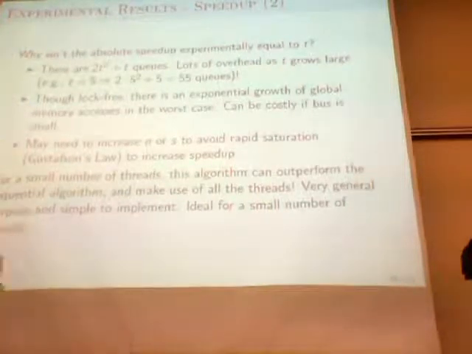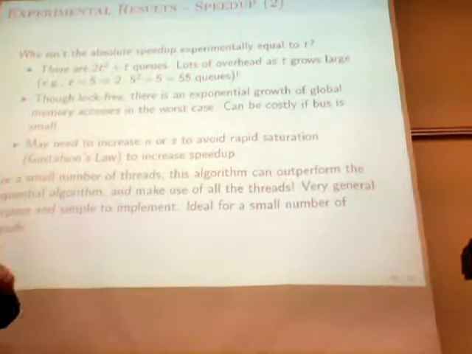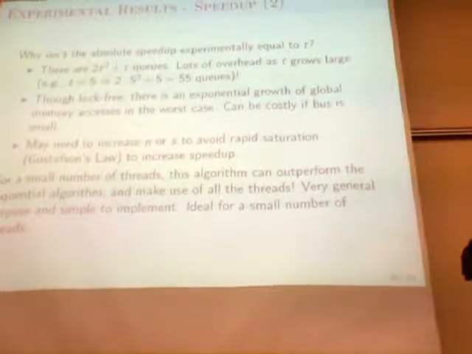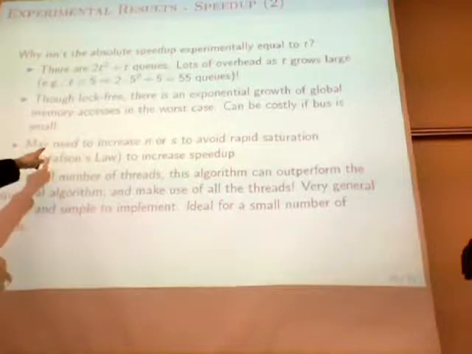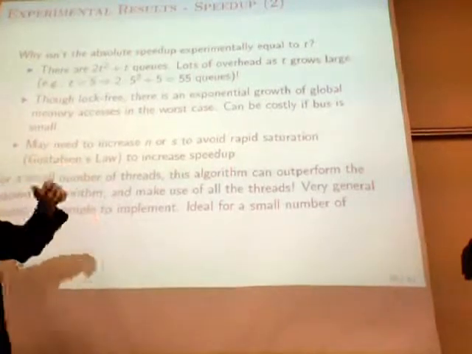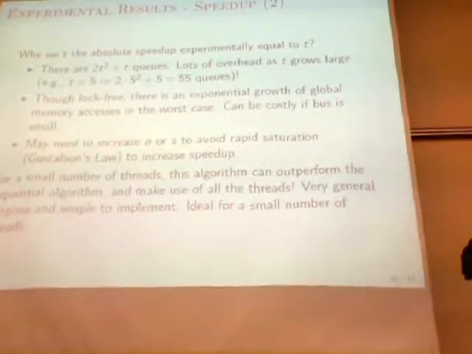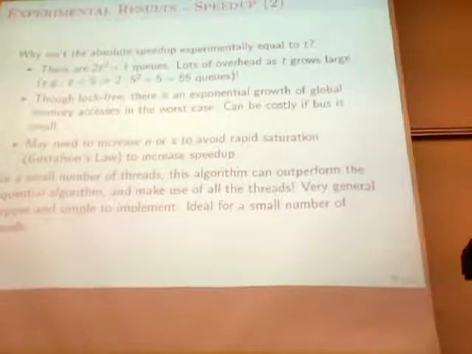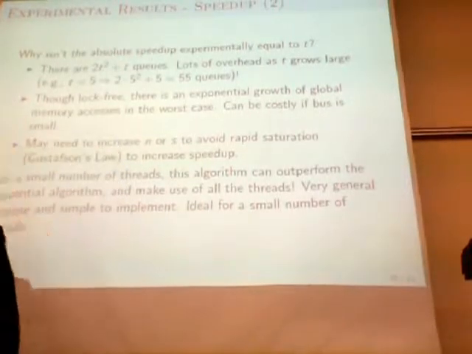I already said the size of the set is exponential, so we're going to be getting an exponential number of data accesses, which can be costly if, let's say, the bus of the machine is small. If you ever want to take advantage of the speed up, of course, we can take advantage of this law and increase N or S to get back the speed up that we want. So we got pretty much what we were looking for, but also note there's a little bit of overhead.